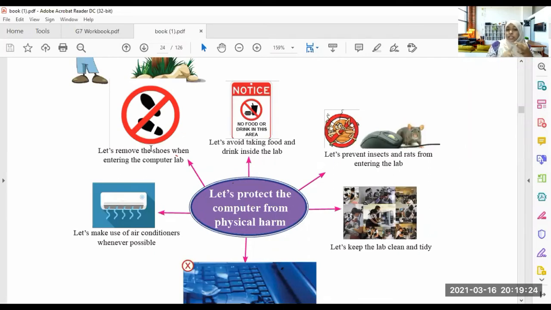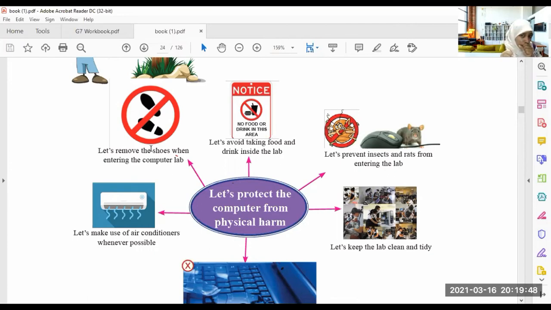Next one, let's avoid taking food and drink inside the lab. Never ever take food and drink inside the computer lab, or even when you are using the computer. Even if it is your own computer, avoid taking food and drink near the computer. Why?